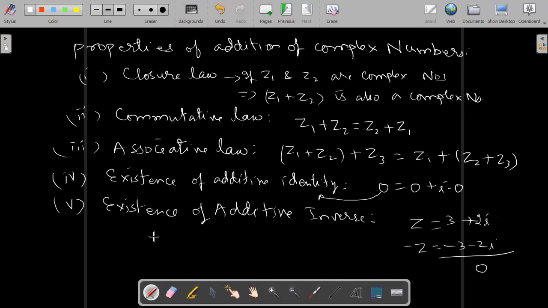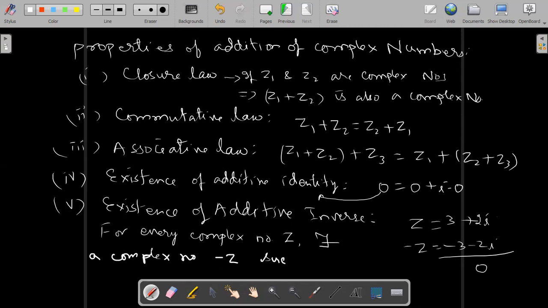So for every complex number z, there exists, this is the symbol of there exists, a complex number minus z such that z plus minus z is equal to 0.